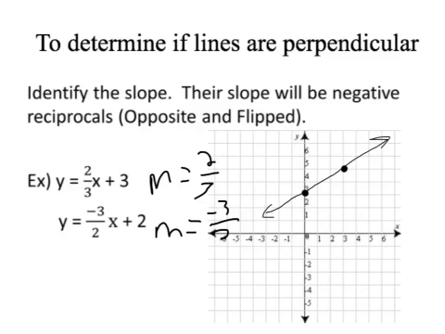My second equation has a y-intercept of 2, so I can put a point on the y-axis at 2. And then it tells me I want to go down 3 and right 2. Should be right there. And I can draw a line through those 2 points.